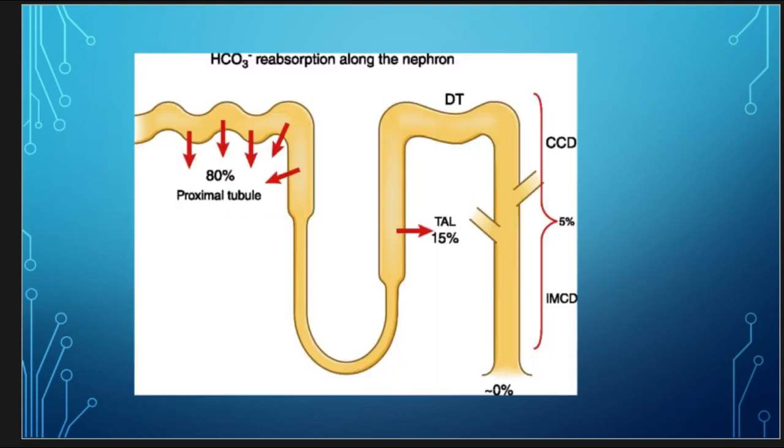We're going to look at the proximal tubule and the distal tubule and the collecting ducts. There are two different types of cells that we're dealing with, and the basic process we're looking at first is in the proximal tubule.